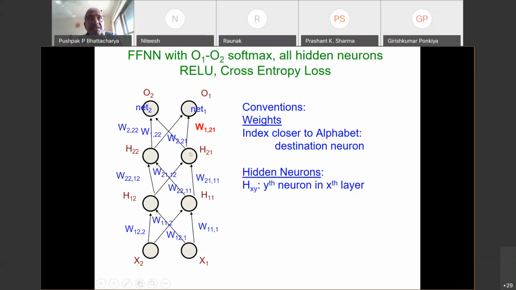We can get the essential ideas from a simple network like this. So just to repeat the architecture: 2 neurons in the outermost layer, 2 neurons in the input layer, 2 hidden layers, and each layer with 2 neurons.